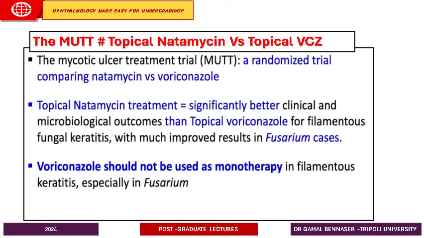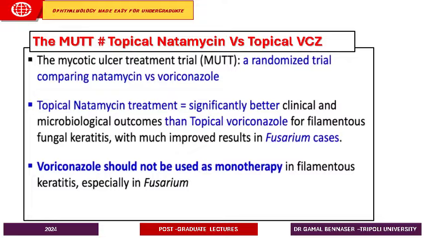Now, as far as we are speaking about the drug management of mycotic keratitis, we cannot speak without mentioning the MUT trials, the Mycotic Ulcer Treatment Trial 1 and 2, in the management of mycotic keratitis. The MUT trial number 1 studied topical natamycin versus topical voriconazole treatment in mycotic keratitis, a randomized trial comparing topical natamycin with voriconazole.